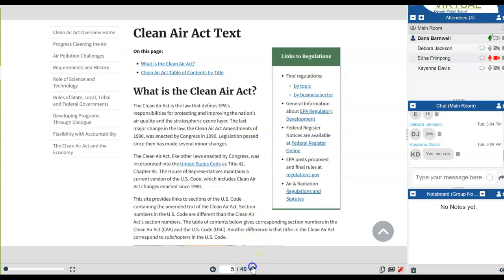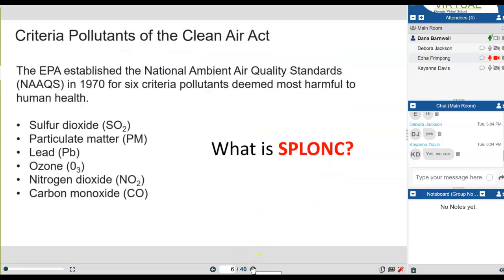We're going to talk about it today from the perspective of the National Ambient Air Quality Standards. This is the 1970s when the EPA is starting to establish these air quality standards. Those air quality standards are going to be around 6 primary criteria pollutants, and it's important that you know those 6.